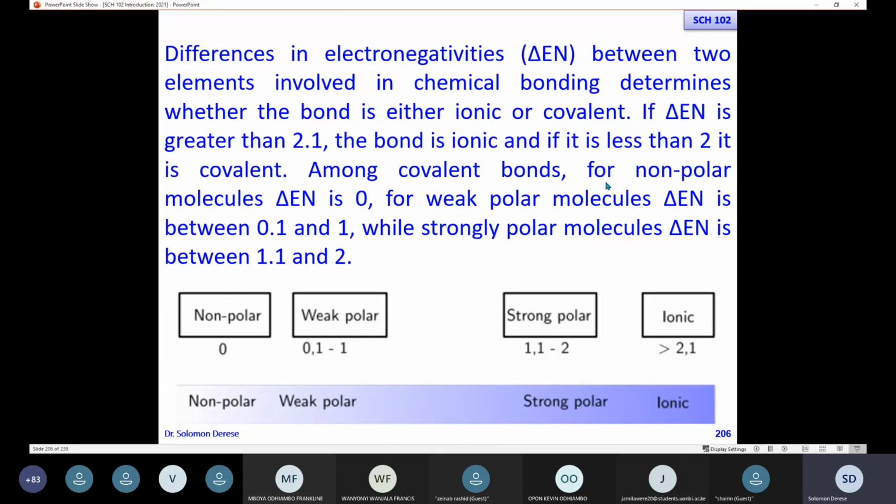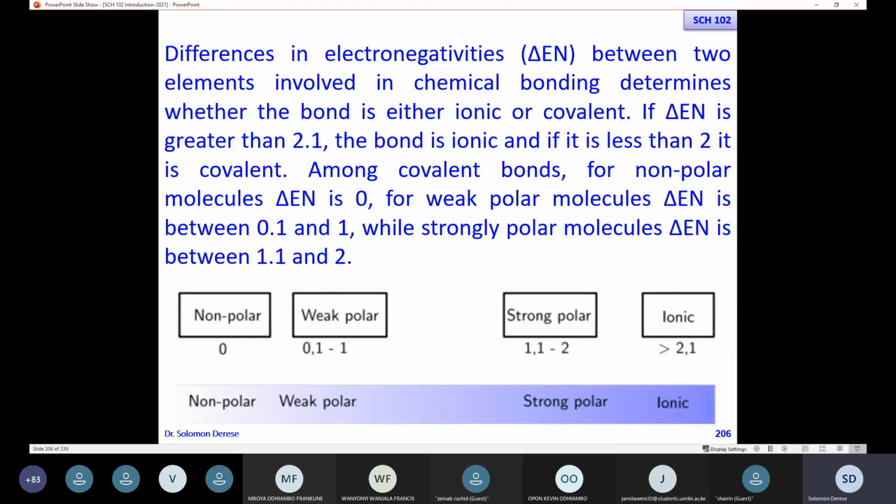Among covalent bonds, for non-polar molecules, delta EN is 0. For weakly polar molecules, the difference in electronegativity between the atoms is between 0.1 and 1, while for strongly polar molecules, it is between 1.1 and 2.